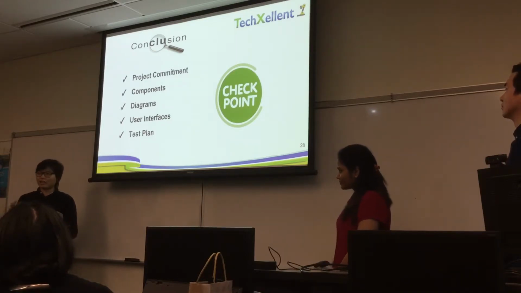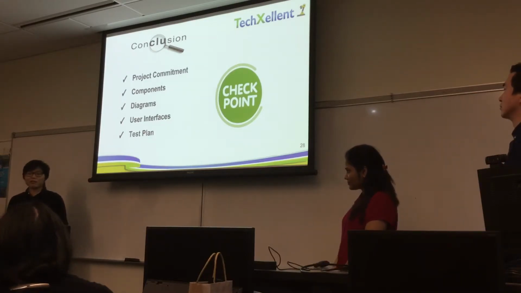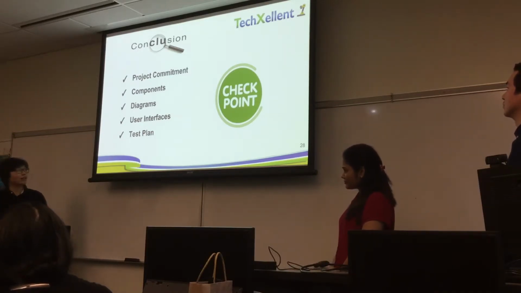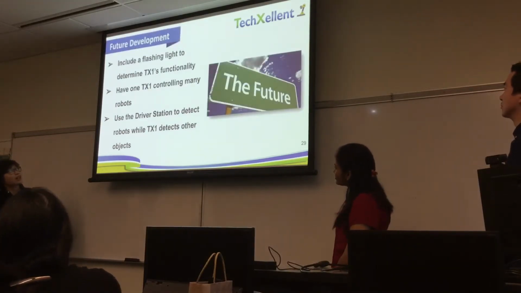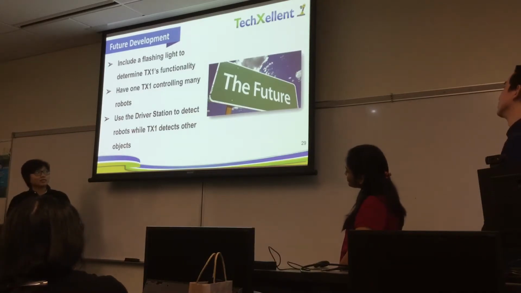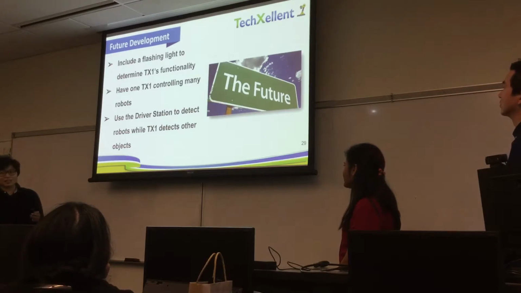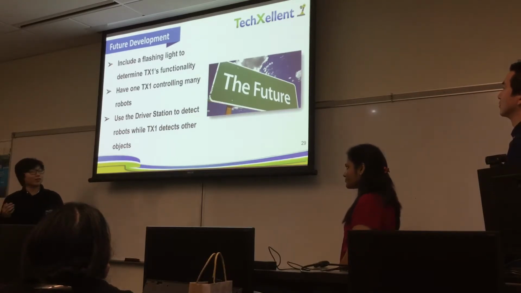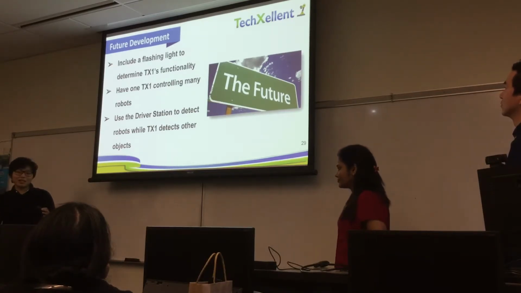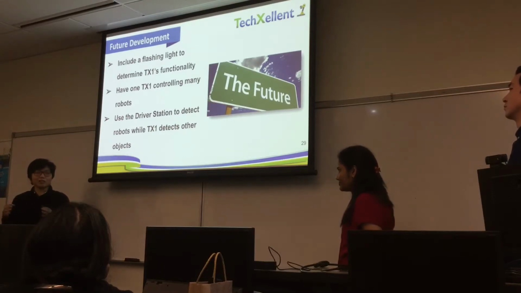We have not included test cases yet, just because we have not actually run any code that will be implemented here. So, going to the future, it might be a good idea to have a flashing light attached to the robot or something, to make sure that we can know the TX1 is functioning.